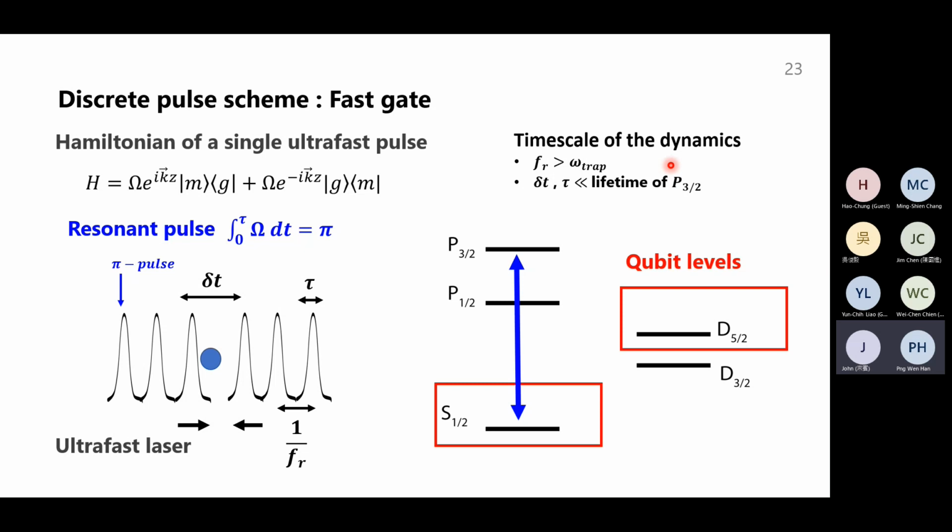So essentially, it will see the laser pulses as if it is stationary. And the second thing is that we want the laser pulse durations to be much smaller than the lifetime of P. This allows us to neglect the effect of the spontaneous emission from the P three-halves.